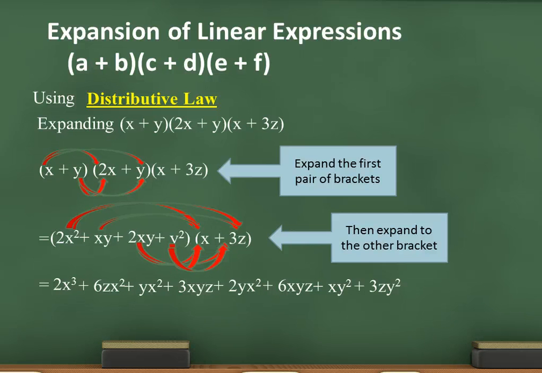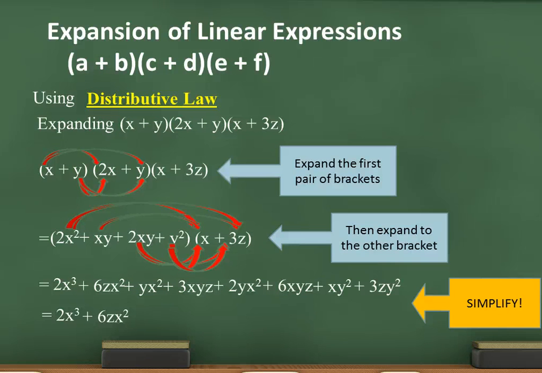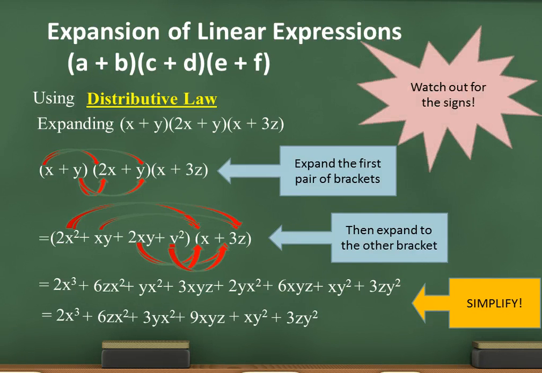Now, do you think we have reached a final solution yet? No, we should simplify all the like terms. Gathering all the like terms together, I'll have 2x cubed plus 6zx squared plus 3yx squared plus 9xyz plus xy squared plus 3zy squared. And this is the final solution.